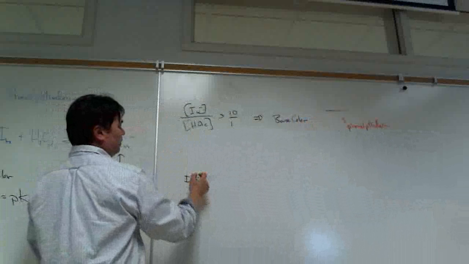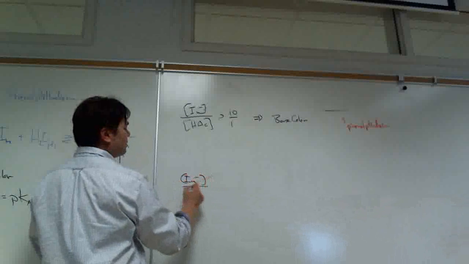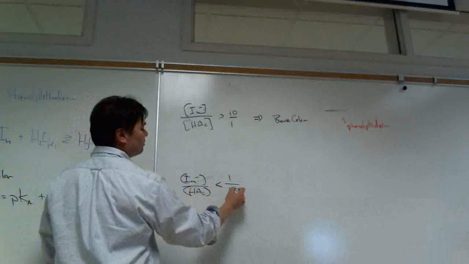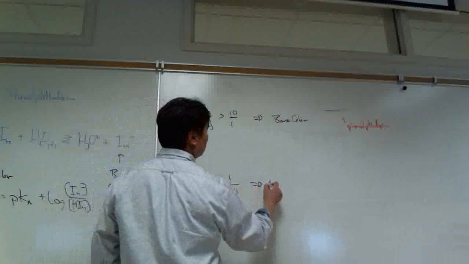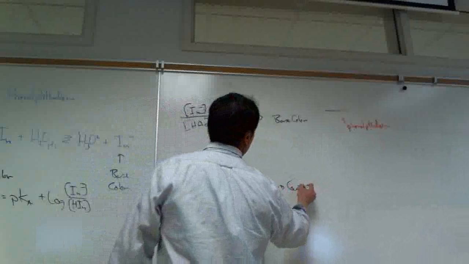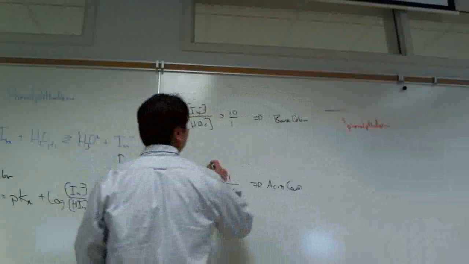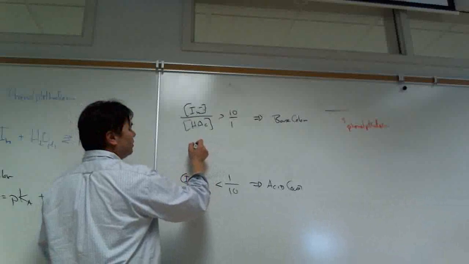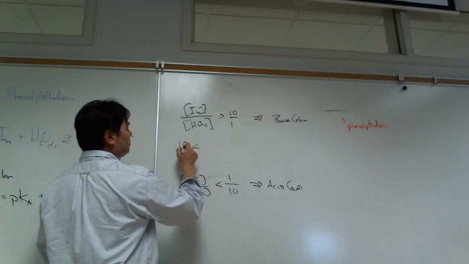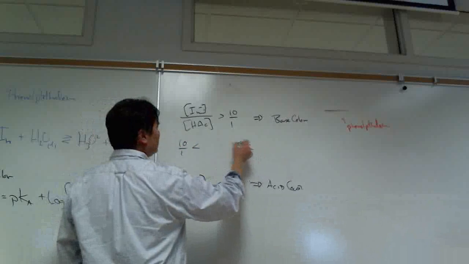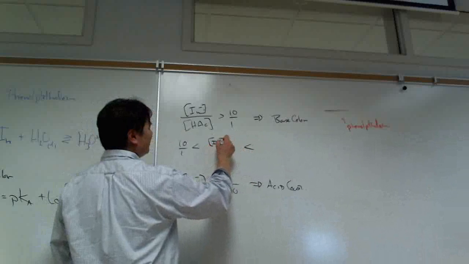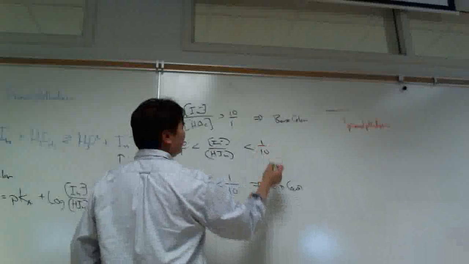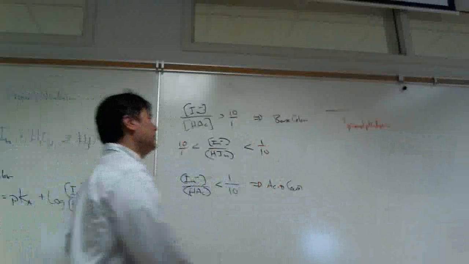I need to make room in the middle here, but if the base to acid ratio is 1 to 10 or less, then the acid color dominates. And if it's between these two, that is, the ratio is less than 10 to 1 but greater than 1 to 10, then we have an intermediate color.